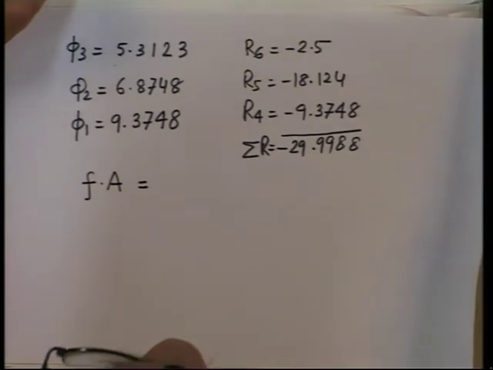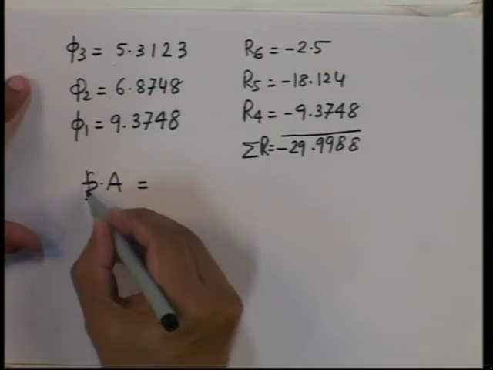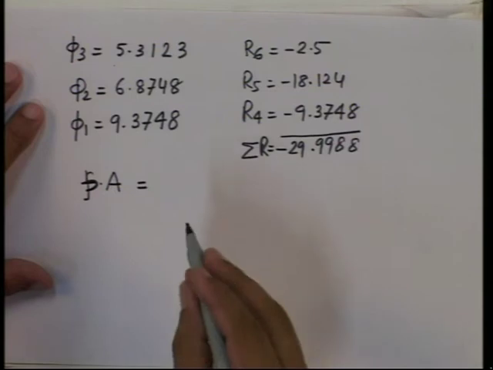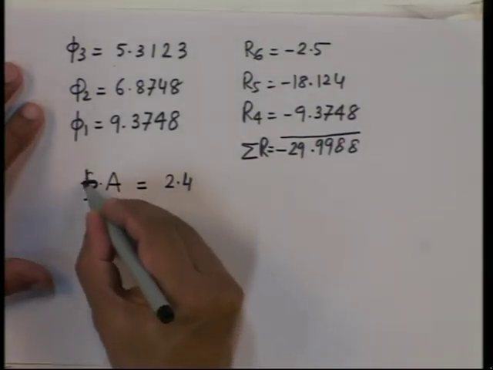I mean, sorry, I am talking of P. P is 2.4, and area is how much?